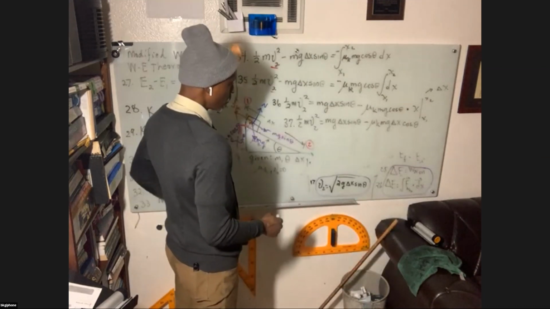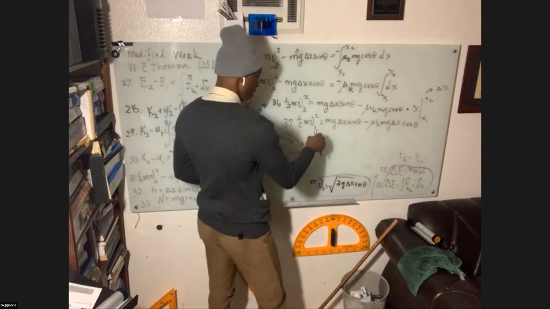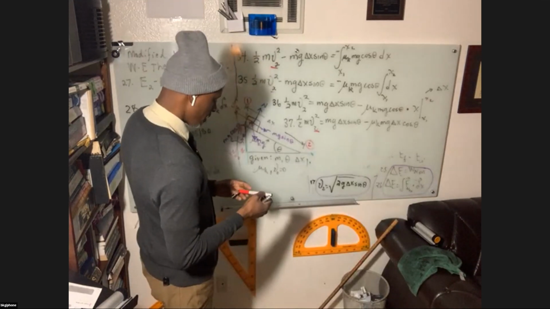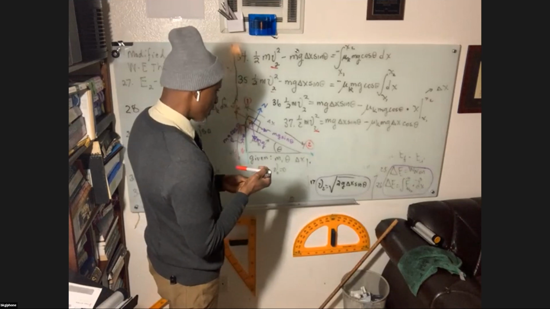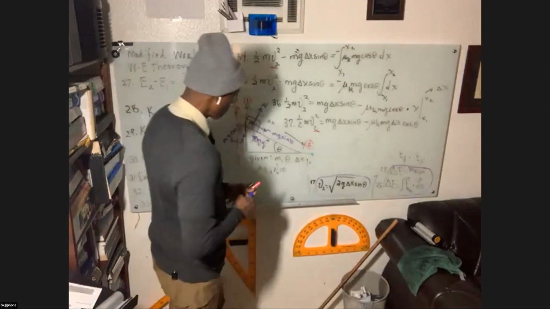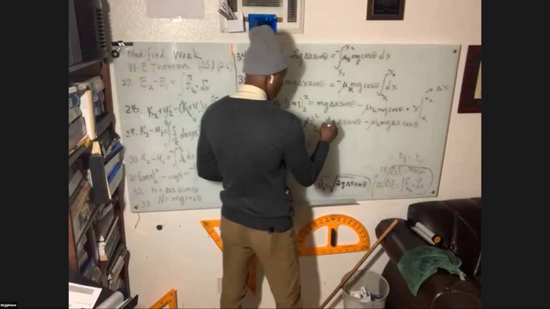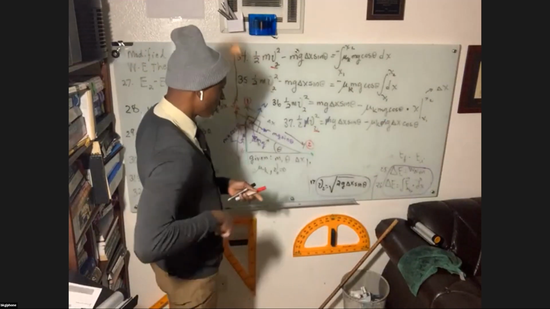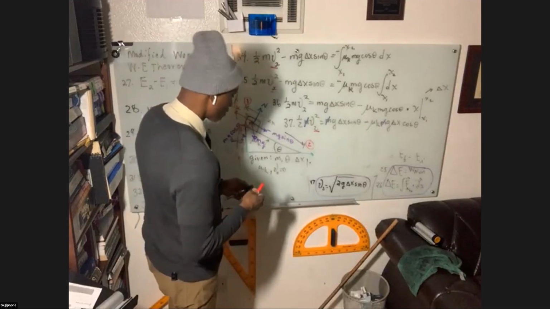Now the only unknown there is V2, so now I solve for it. I see right off that m will cancel out in each term. Out, out, out. I multiply through by 2 and then take the square root.